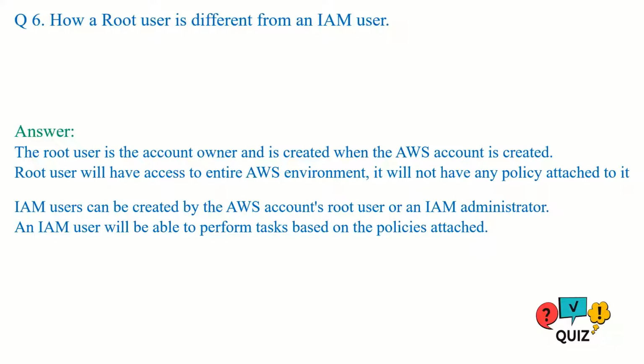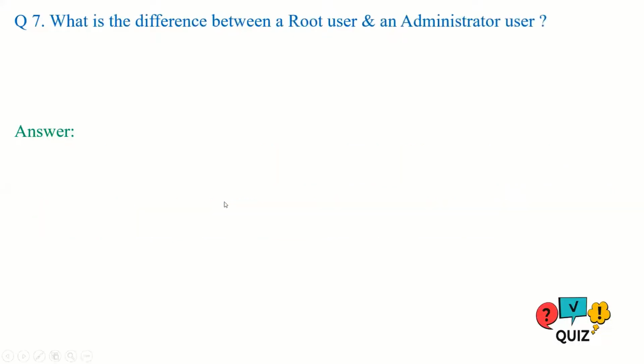At the same time, an IAM user can be created by the AWS account's root user or an IAM administrator. Suppose you have created an administrator account beneath your root user account. This administrator account or user can create other IAM users. So an IAM user will be able to perform tasks based on the policies that are attached. Good attempt. Let's move on to the next one.